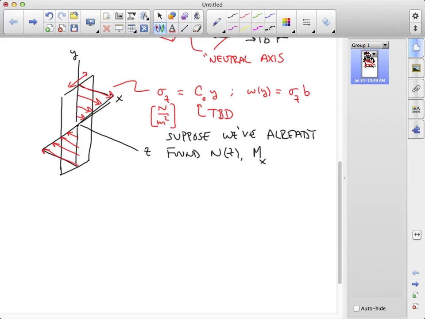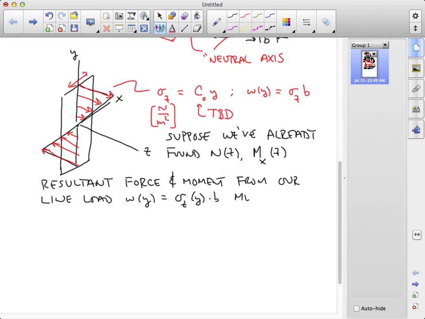And then the bending moment will be in the x direction as a function of z. To be consistent, the resultant force and moment from our line load W of y must match our internal forces N and M. So how would we do that?